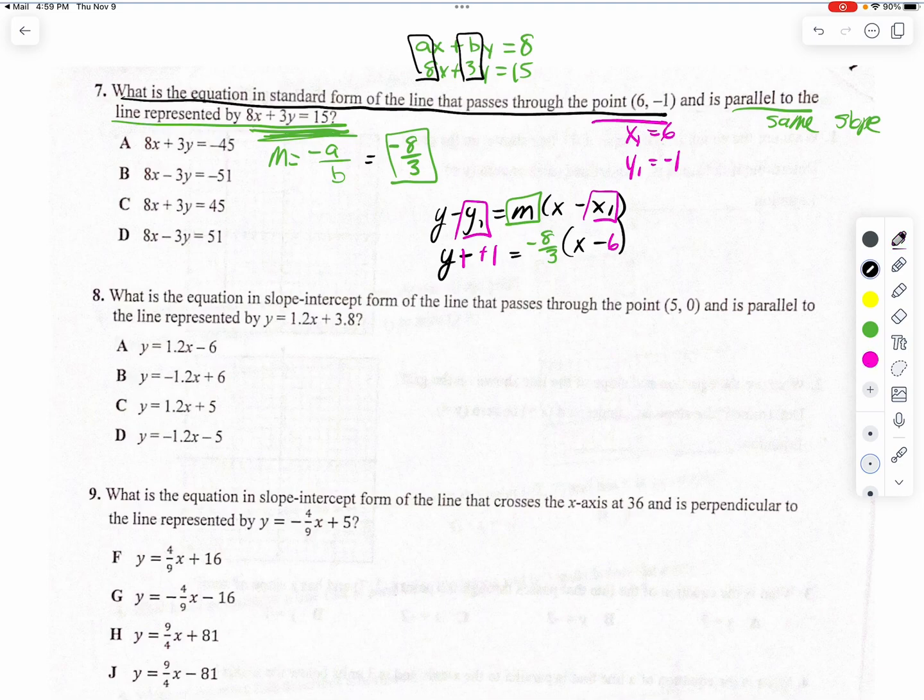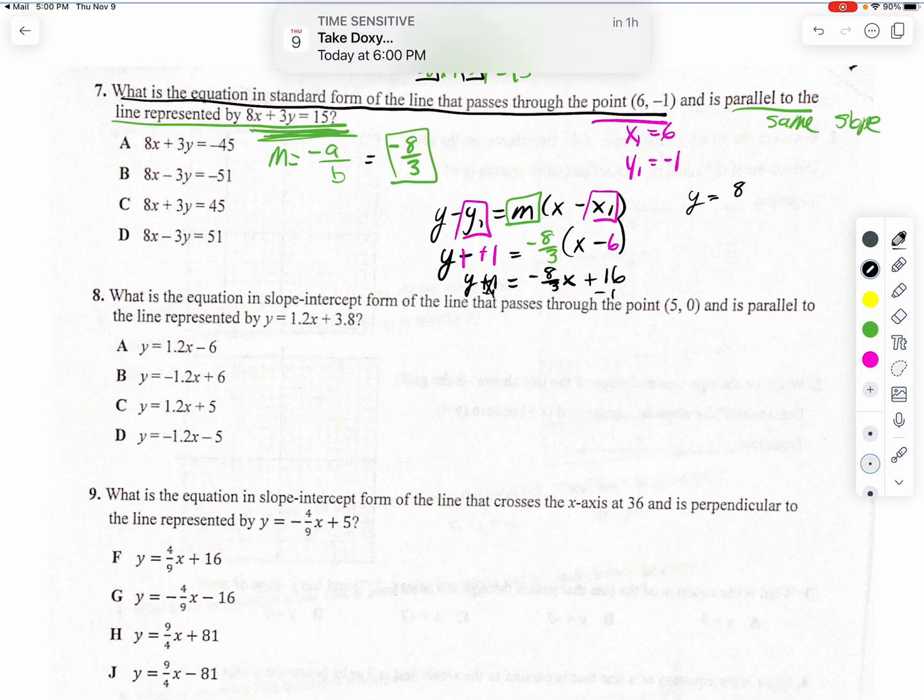Do some distributing here. And this is y plus 1 equals negative 8 over 3x. Negative 8 over 3 times negative 6 becomes positive 16, I believe. Yes. Subtract 1 from each side here. And this cancels, and we're left with y equals negative 8 over 3x plus 15.